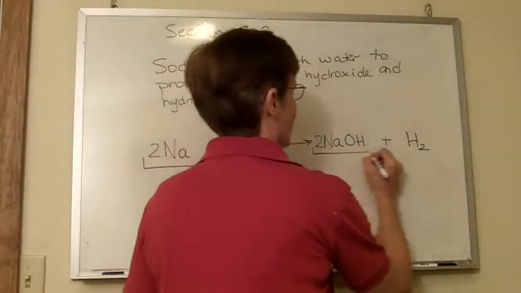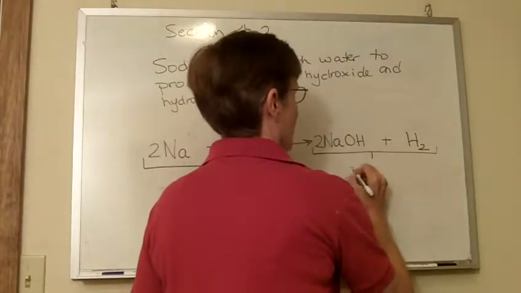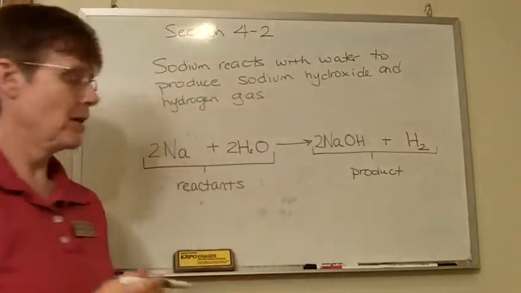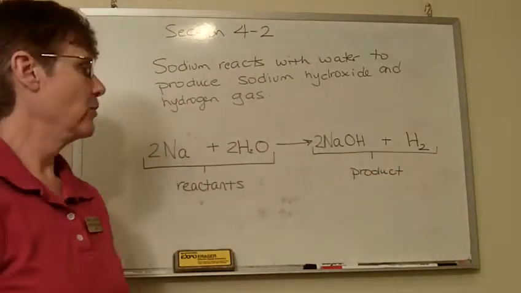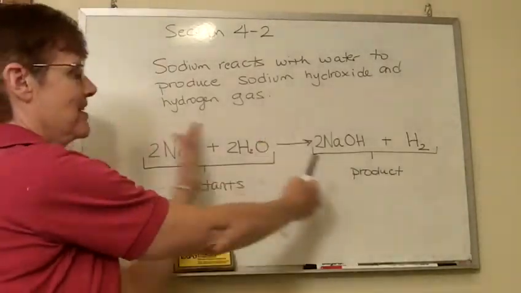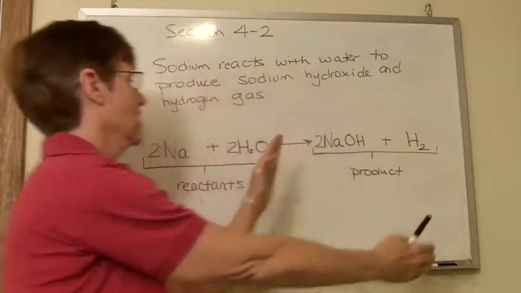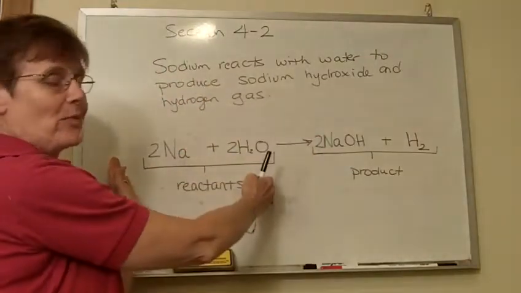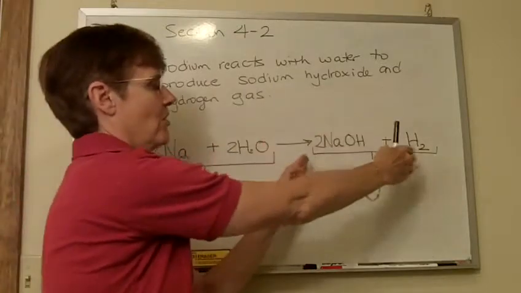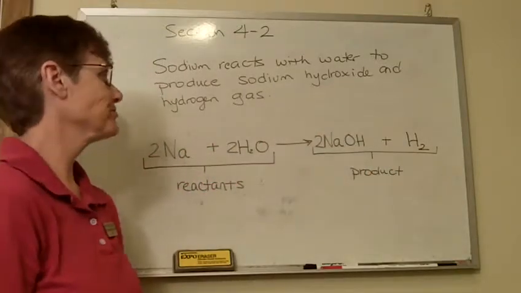Anything on the right side of the arrow is called a product, and it is produced by the chemical reaction, and that would be the after situation. So before the reaction we have this, after the reaction we have this. You can check if you want, but I'm pretty sure if you count up the atoms, there'll be the same atoms over here as there are over here, but they're just rearranged.